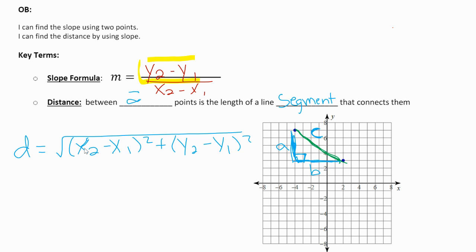In our slope formula, we have y2 and y1, so you're going to see the same subtraction there. And the same thing with x2 and x1. So we're going to see that repeated subtraction take place. And if you're asked to do both slope and distance, it can sometimes make the problems go a little faster.